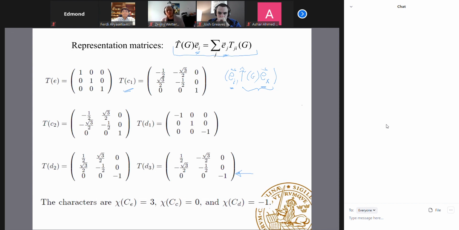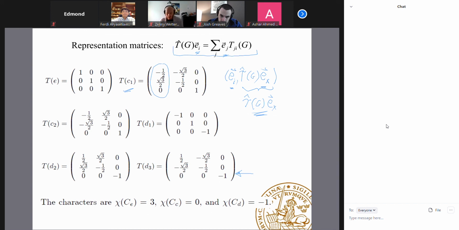These are just the coefficients of this vector, the x and y components of this vector, and so on. We can look at the components also.